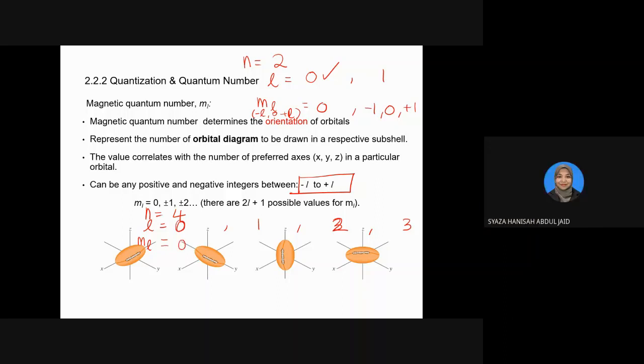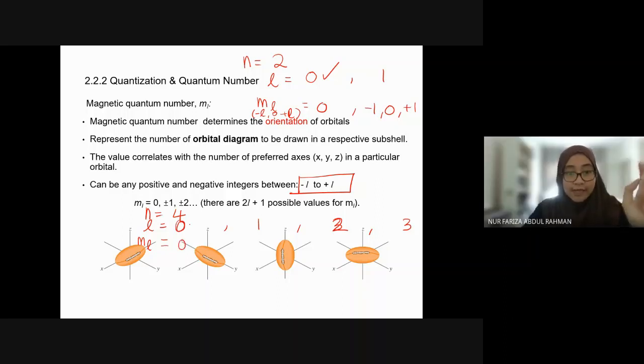0. Yes. Don't forget, this is S orbital, this is P orbital, this is D orbital, and this is F orbital. Tu kena ingat, because subshell notation is very important. So nanti dia akan jadi for S orbital, for P orbital, for D orbital, and for F orbital.